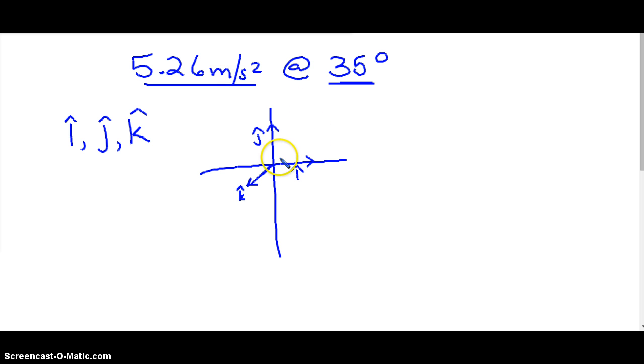5.26 oriented at 35 degrees. It's going to look something like this. So we'd have 5.26 oriented at 35 degrees from the horizontal. Let's break that down into its components. So the x component would be 5.26 cosine 35.